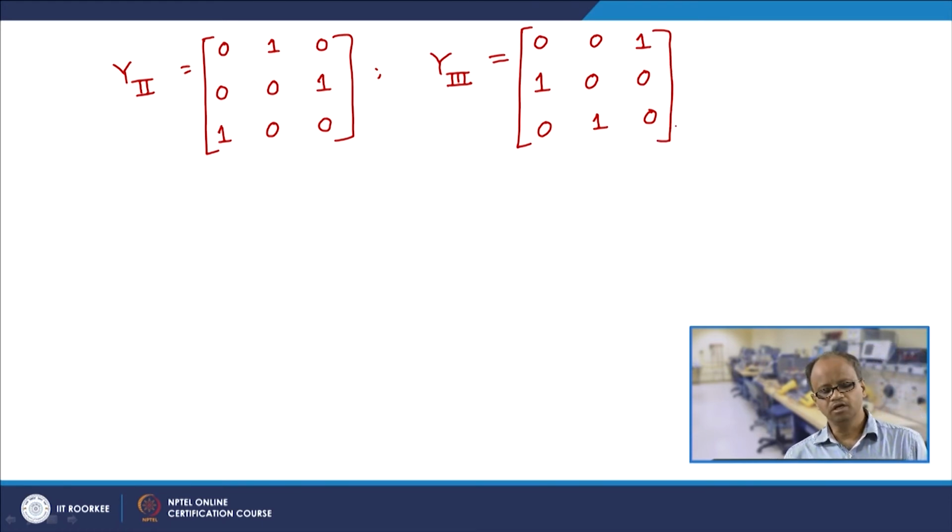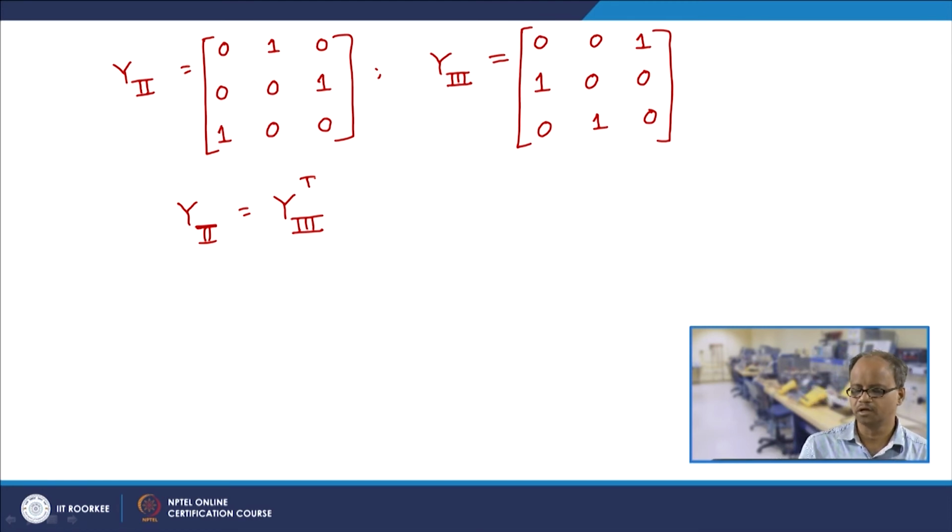One very important observation is that Y2 is the transpose of Y3. So, these 2 matrices are actually transpose of each other. This is a cross check for correct transformer modeling.